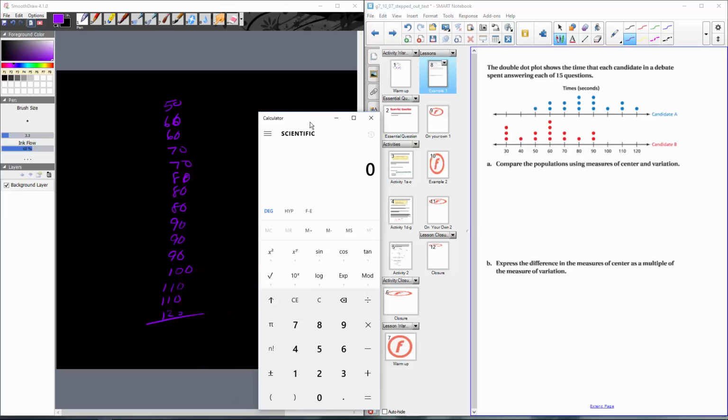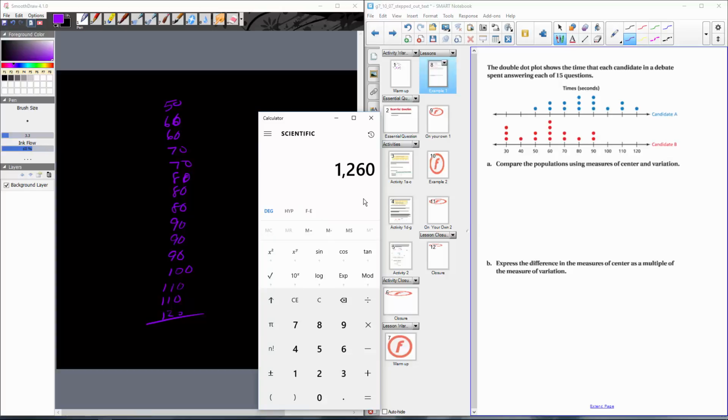All right, so I'm going to go through here and just quickly go 50 plus 60 plus 60 plus 70 plus 70 plus 80 plus 80 plus 80 plus 90 plus 90 plus 90 plus 100 plus 110 plus 110 plus 120.